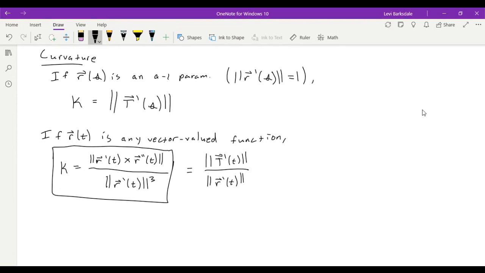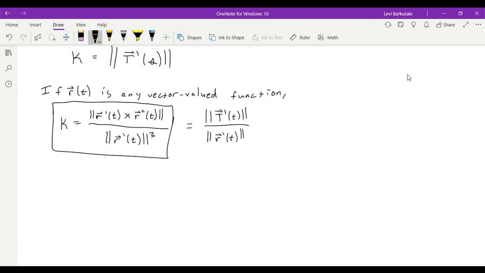And lastly, there is a way to find curvature of a non-vector valued function. If you have y is equal to f of x as a function of x, well then your curvature is going to be the absolute value of the second derivative of y all over 1 plus the first derivative of y squared raised to the 3/2 power.